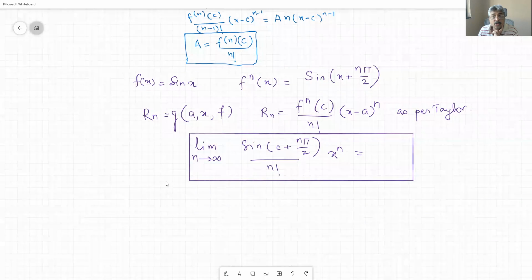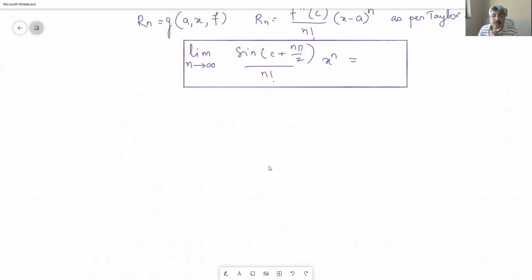Okay, so when it comes to evaluation of this limit, which is the limit as n tends to infinity of sin(c + n pi by 2) upon n factorial into x raised to n, we are aware that sine of whatever quantity is a bounded function and will have a value between -1 and 1.